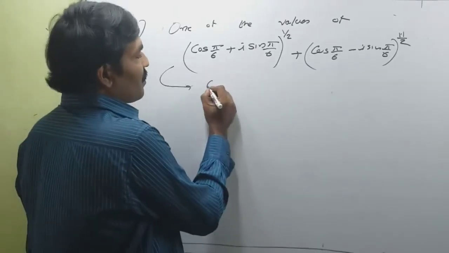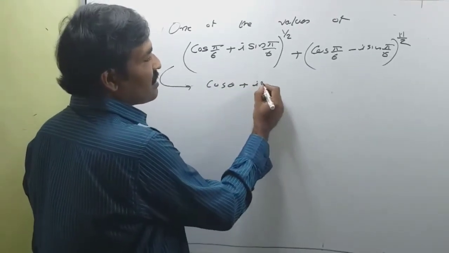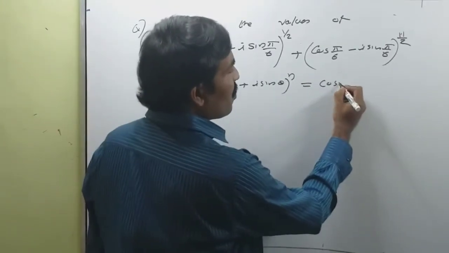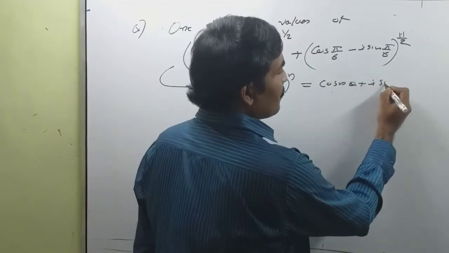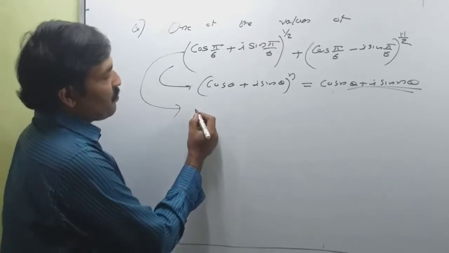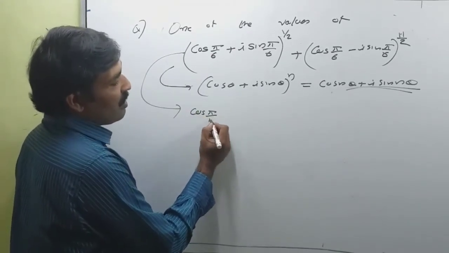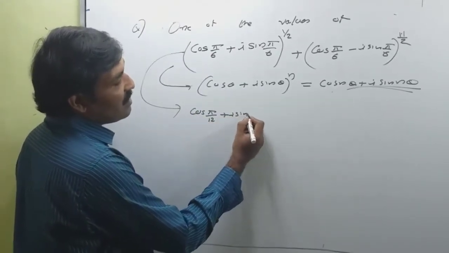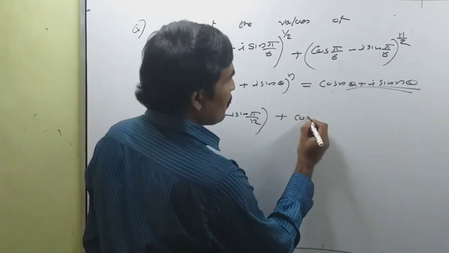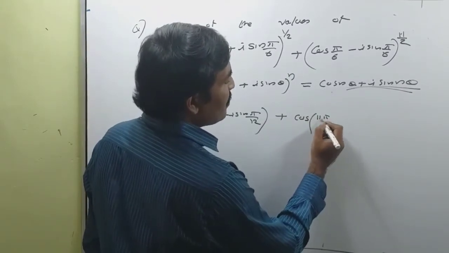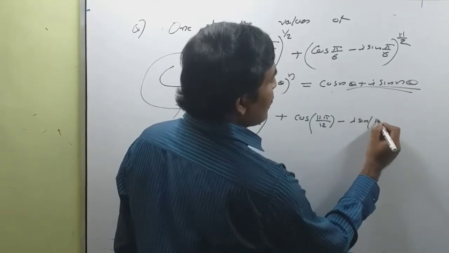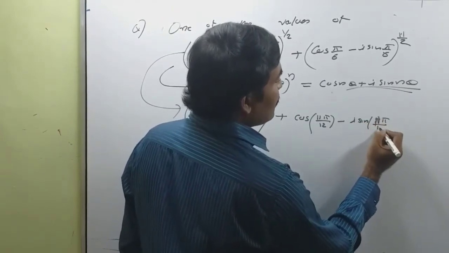Since cos theta plus I sin theta, the whole raised to n is equal to cos n theta plus I sin n theta, we can write this as cos pi by 12 plus I sin pi by 12 plus cos 11 pi by 12 minus I sin 11 pi by 12.